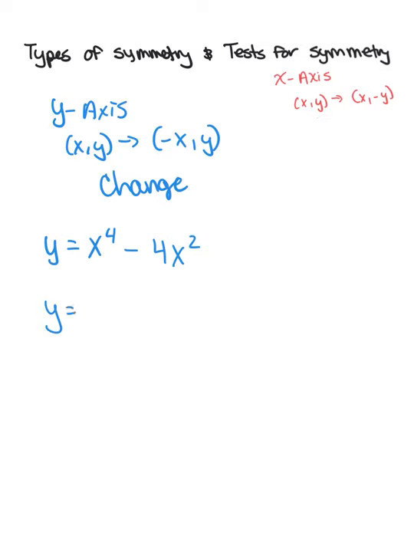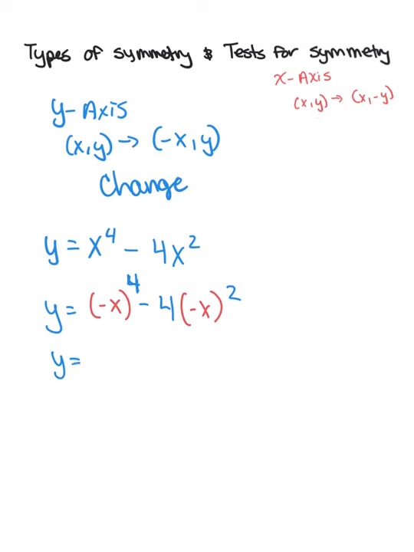So in place of where I see x, I'm going to put a negative x. Everything else is going to remain the same. So it still has the 4 as an exponent, the 4 as the coefficient. That's just happenstance. Negative x, and I still have the squared. And then I'm going to simplify.